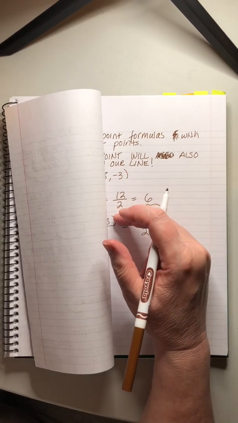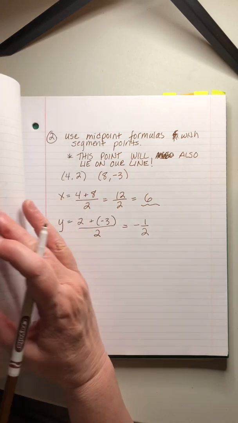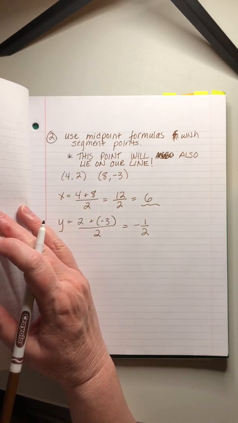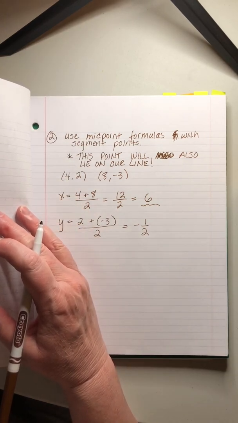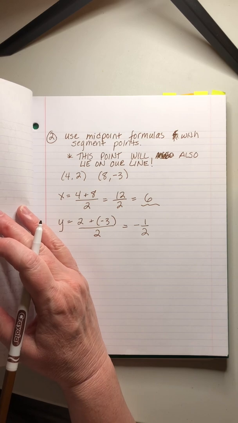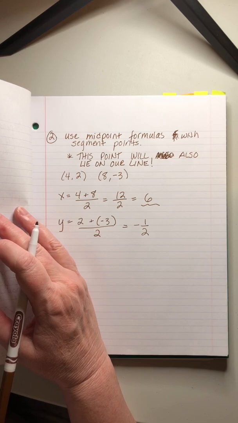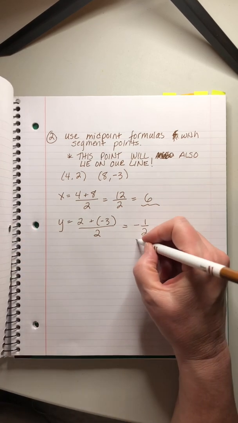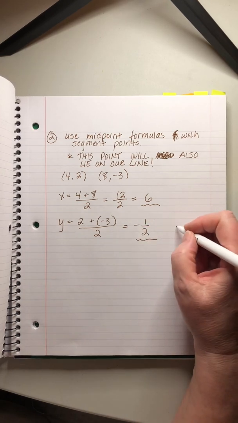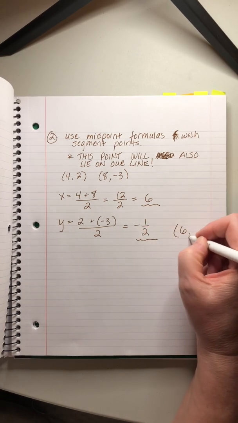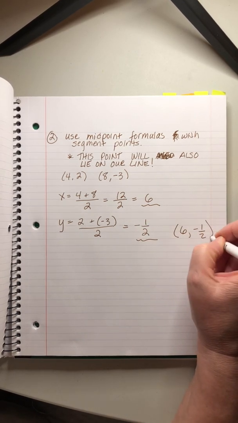We're good with that, right? Just checking to make sure I got it right. Yes, 6 and negative 1/2. Okay, so that means we now have one point, 6 and negative 1/2.